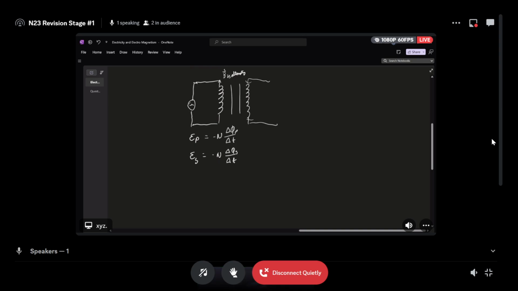We can assume that here the size of the flux is the same, because locally the magnetic field is similar enough. So in our primary coil, we have P turns, and in our secondary coil, we have S turns.